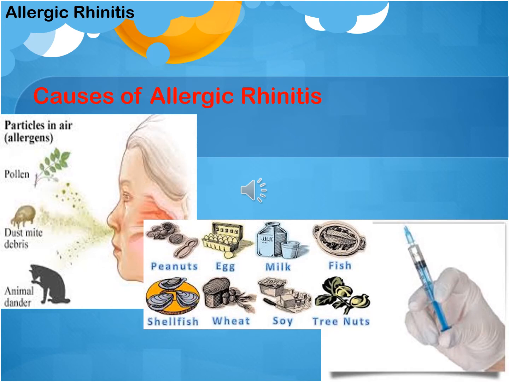Regarding the antigen, here we are discussing respiratory allergy. So the main type of allergen will be inhaled, and very common inhalant allergens are pollen, dust mite, and animal dander and feathers.